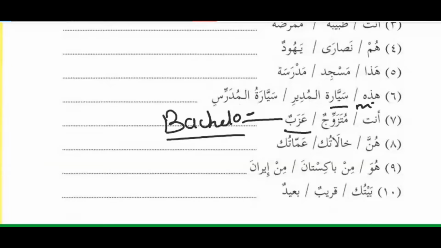Anta mutazawwijun azabun. Azabun means bachelor, and mutazawwijun means married. So how will we make this?